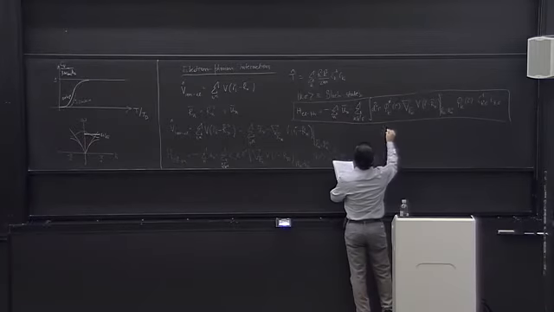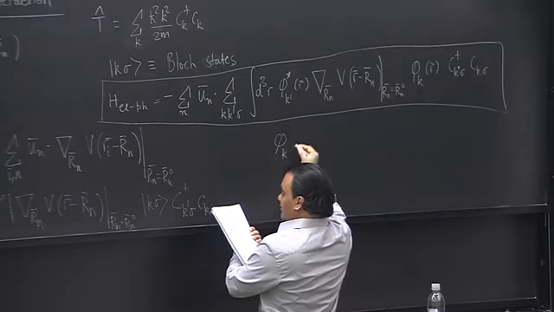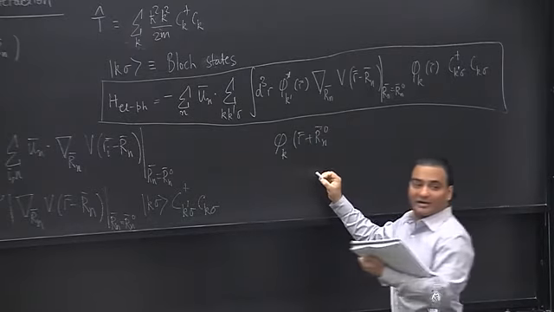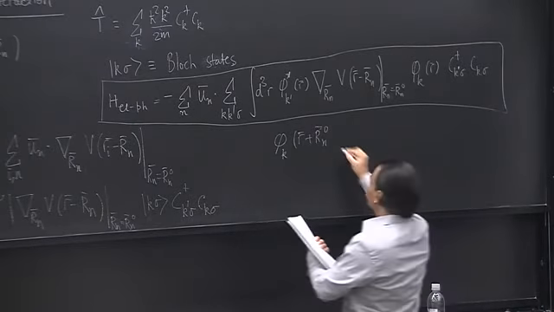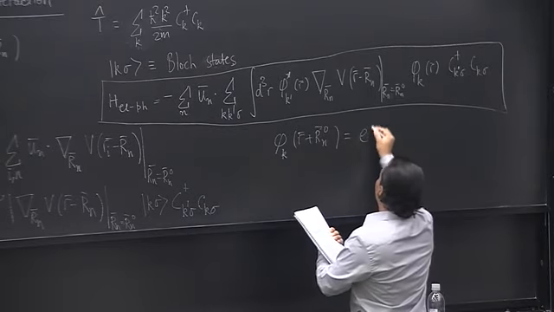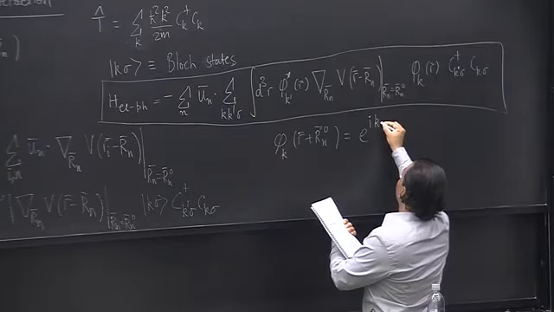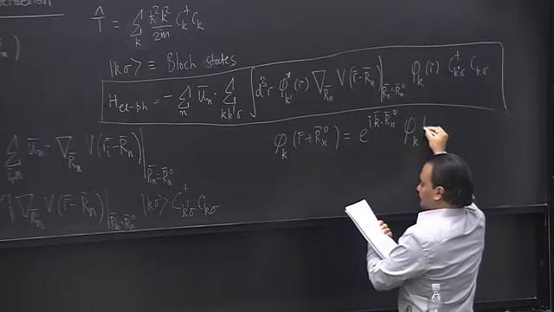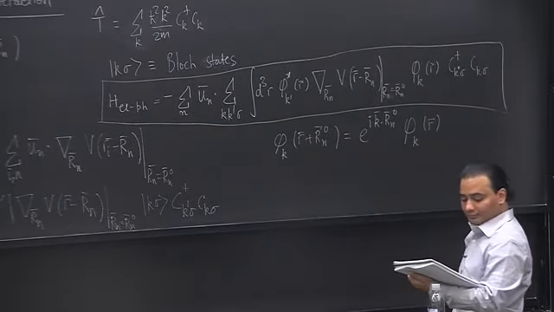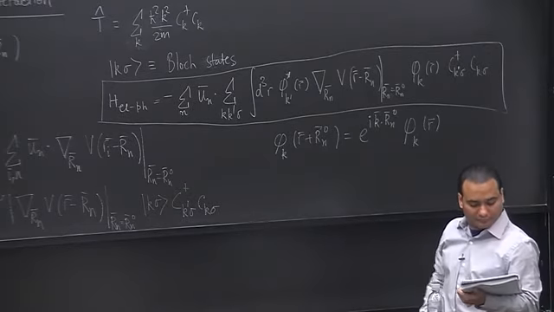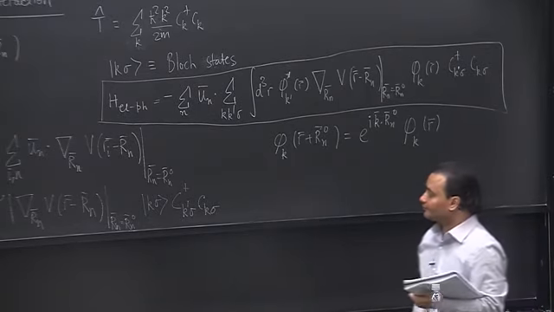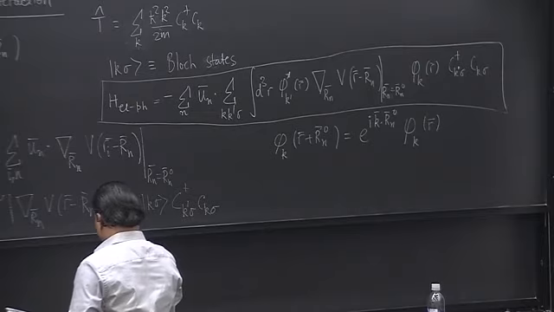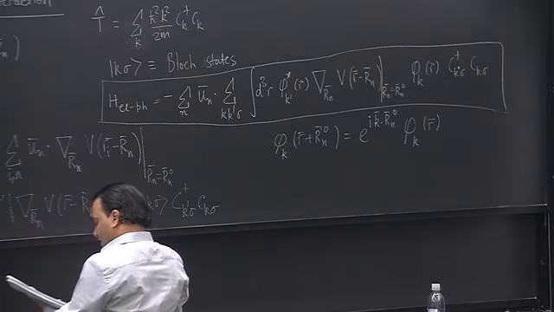What I know from Bloch's theorem is that phi k of r plus a direct lattice vector, which in our notation is capital R n naught, is e to the power i k dot R n naught times phi k.